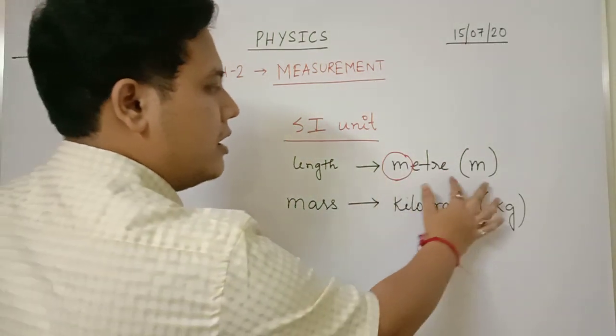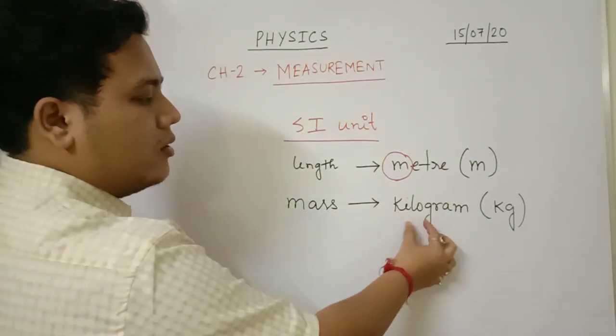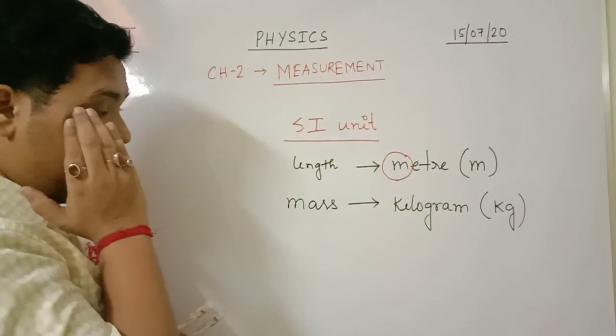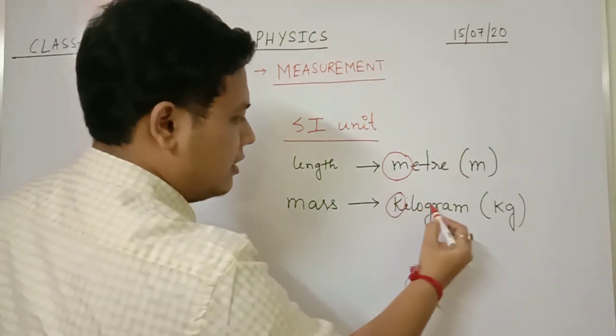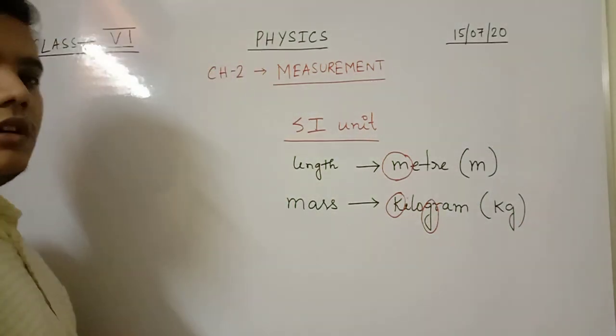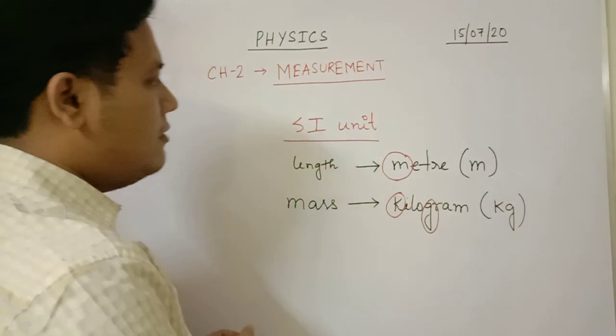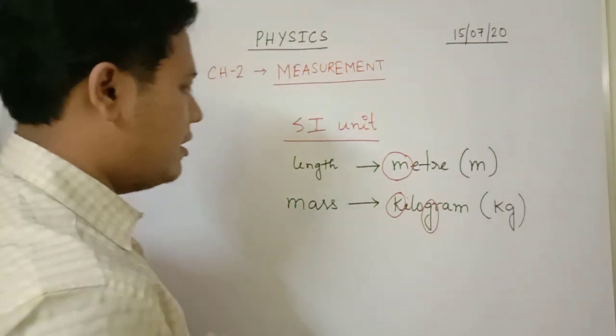So for meter it is M, but for kilogram it is not possible to give KI or LO like that. So they thought of giving the first letter as K, then the next letter as G, to distinguish between the units. I hope you have understood till this part.